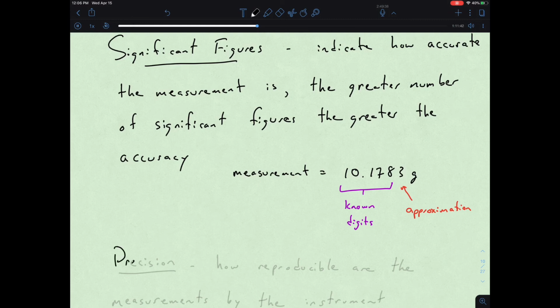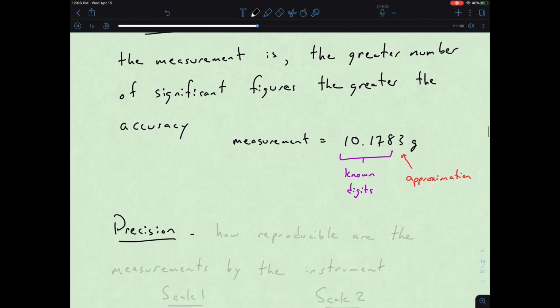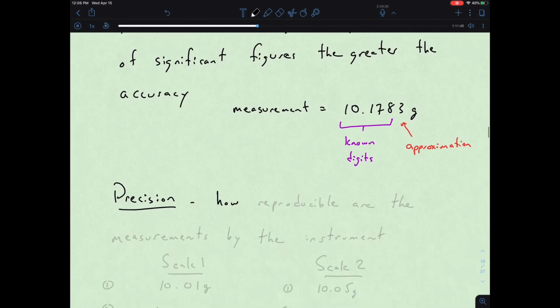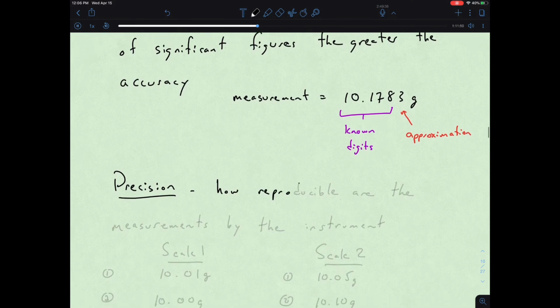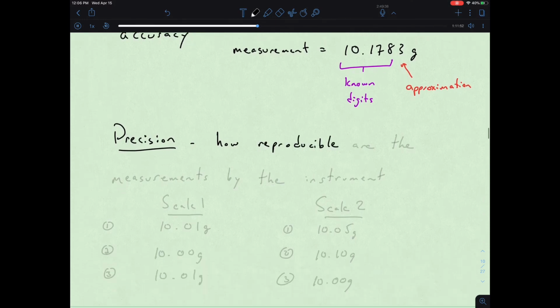Precision is basically how reproducible the measurements are by the instrument.